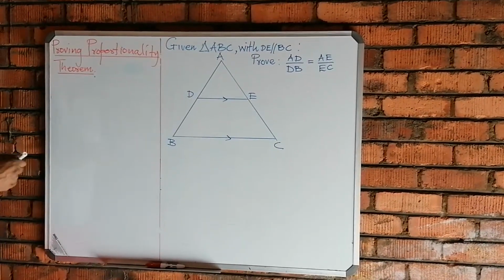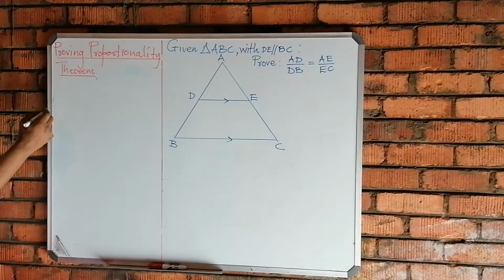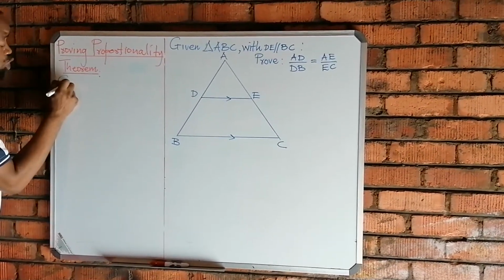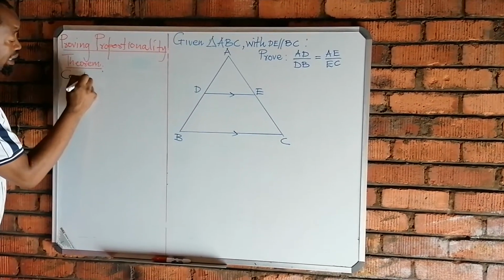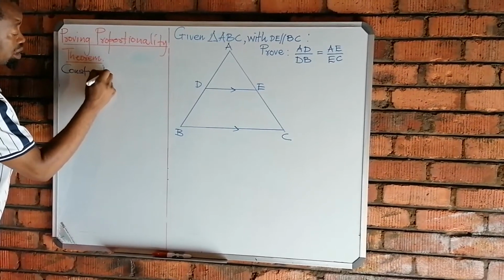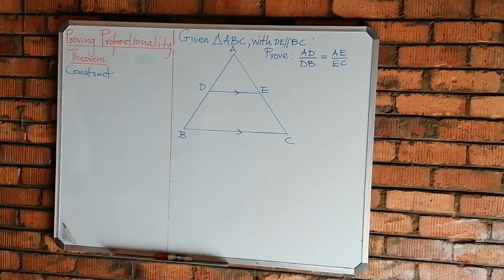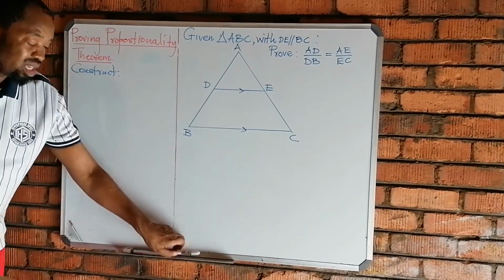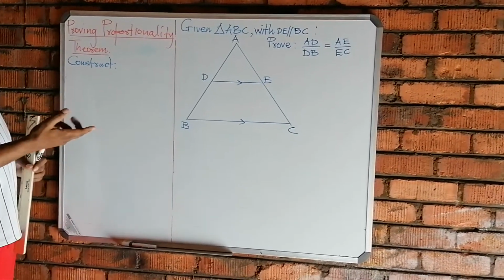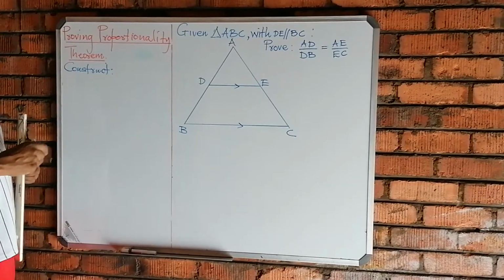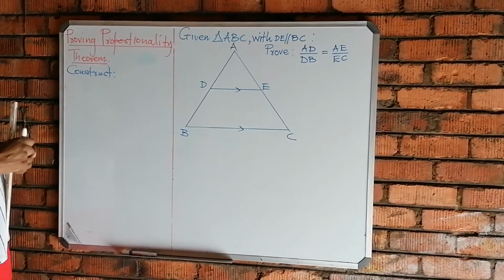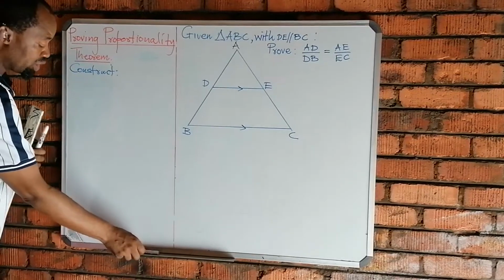Now I am proving the theorem. I'm going to start by constructing. Construction. Why do we construct? We construct so that we can have previous theorems helping us to prove the new theorem.